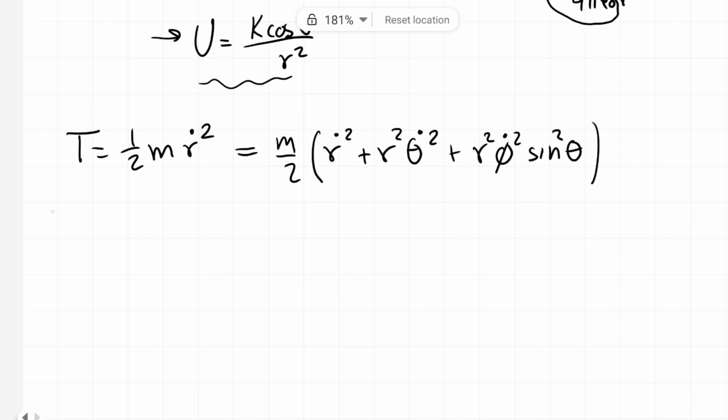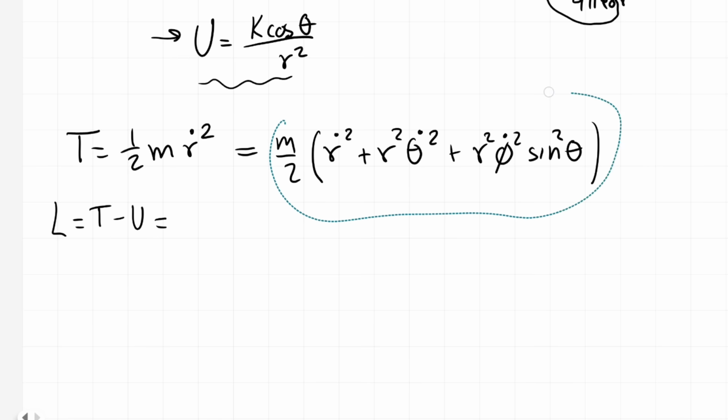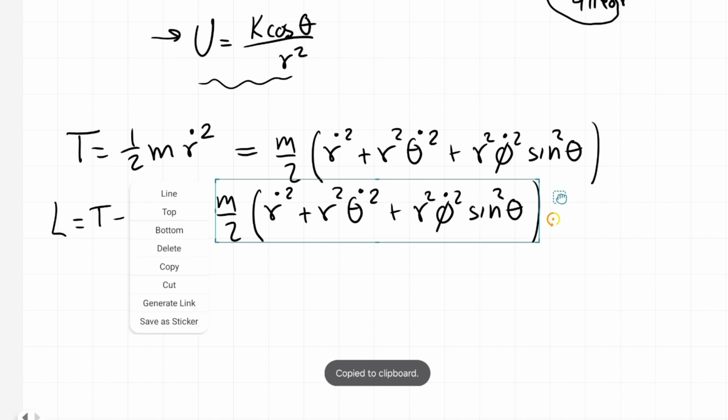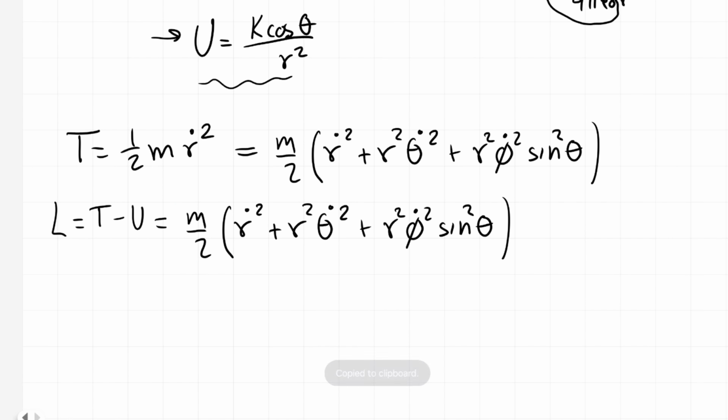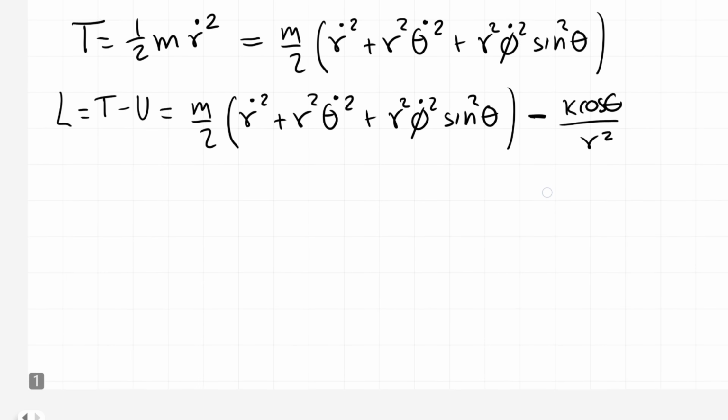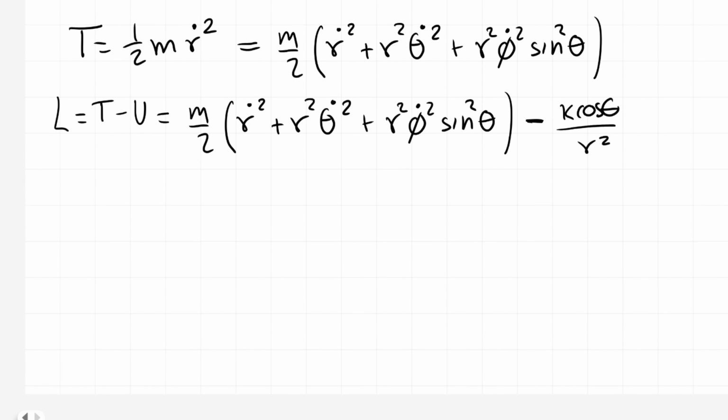And with this we can say that the Lagrangian is the kinetic energy minus the potential energy. So it will be this expression, and then minus k cosine theta divided by r squared, where this is the Lagrangian of the electric dipole.